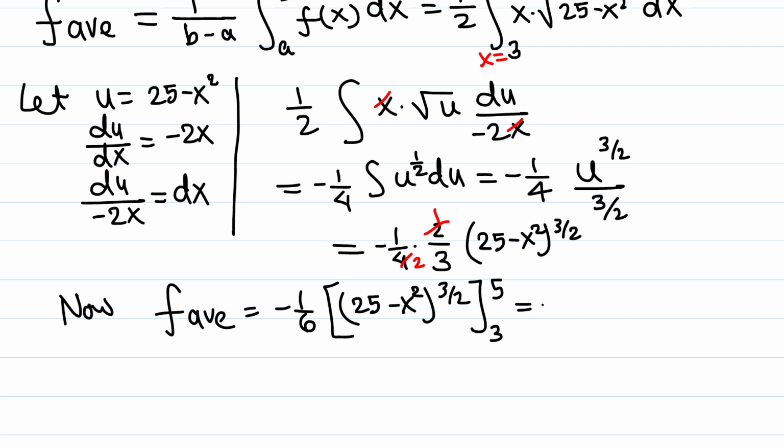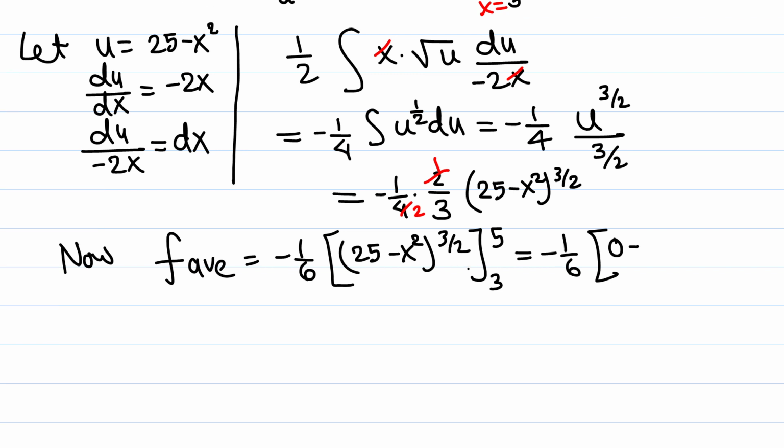So that is negative 1/6. Plug in the upper limit 5: 25 minus 5 squared is 0, and 0 raised to 3/2 is 0, minus the lower limit 3: 25 minus 3 squared, that's 9, and 25 minus 9 is 16. 16 raised to 3/2: 16 is 4 squared, so 4 cubed is 64.